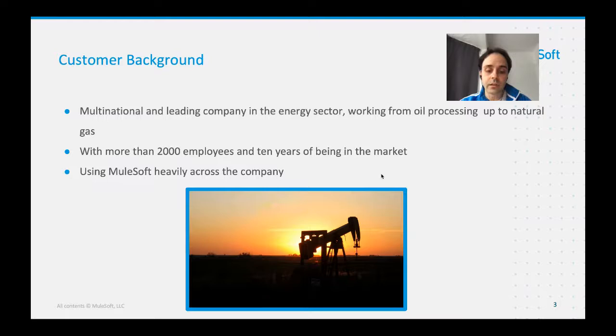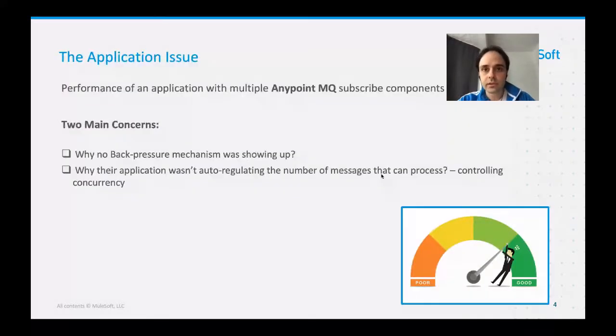Here we have the application issue. The customer's application issue was having to define explicitly the number of messages that an MQ consumer application could process without getting unresponsive, restarted, or frozen, without even pulling any messages from the broker.